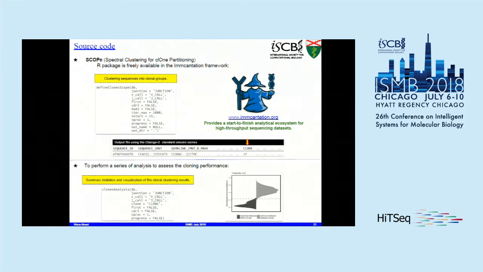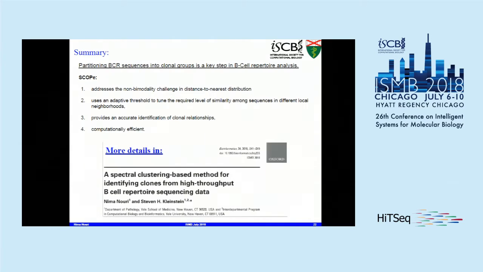It will identify your clones and show you the clone identifier. I also developed some functions to perform the assessment of this clonal relationship, which give you the effective threshold that you are using instead of the fixed threshold. We show that all the sequences have this effective threshold.